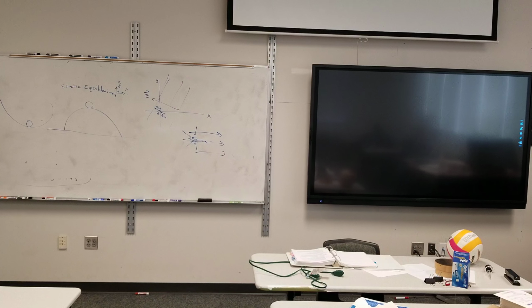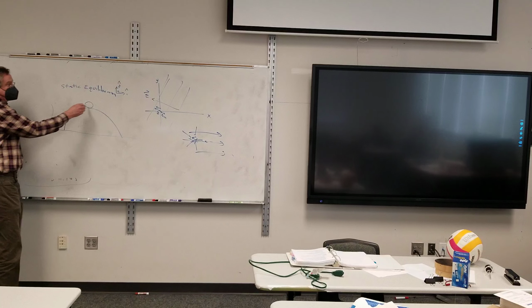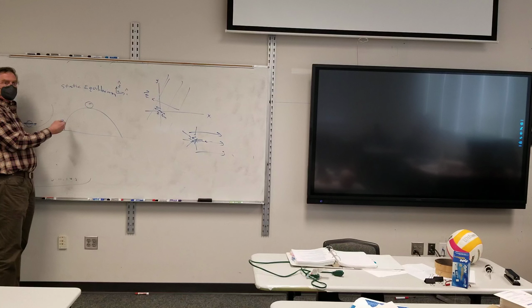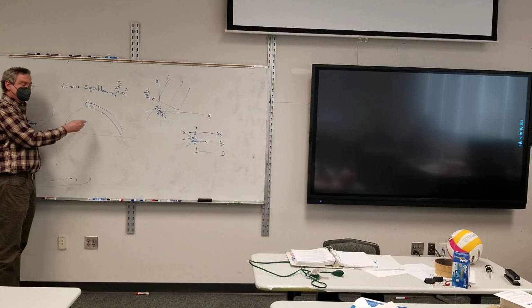Both of them static equilibrium. The question is, it's stable. If I give a little bit of nudge to the ball here, the ball's gonna go this way, and then it's gonna start coming back, and it's basically gonna stay in the same area. This is stable. Here, if I give it a little bit of a nudge, it's not going back. That thing's gonna keep going. So this is unstable.